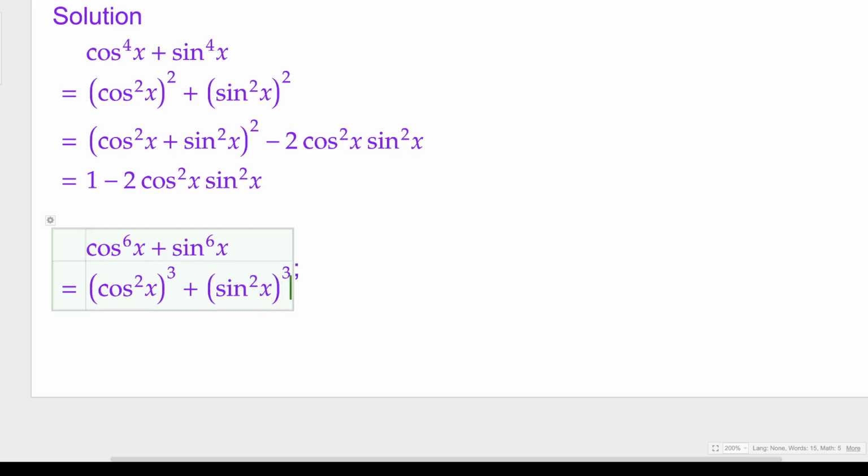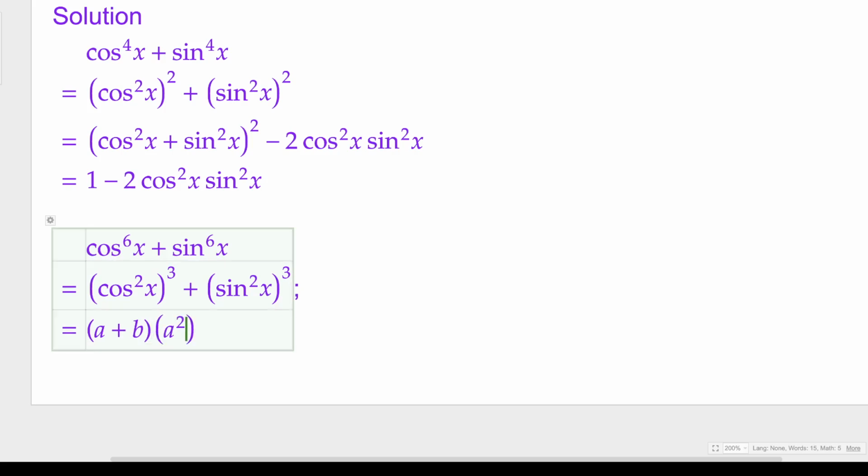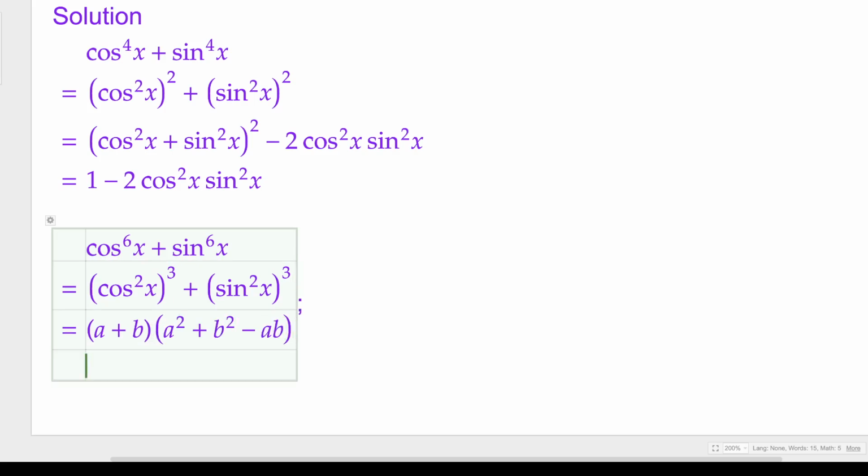So this is in the form of a cube plus b cube, so I can use the a cube plus b cube identity. This would be a plus b times a square plus b square minus ab.